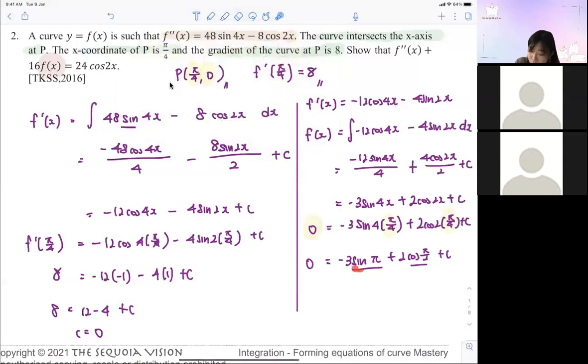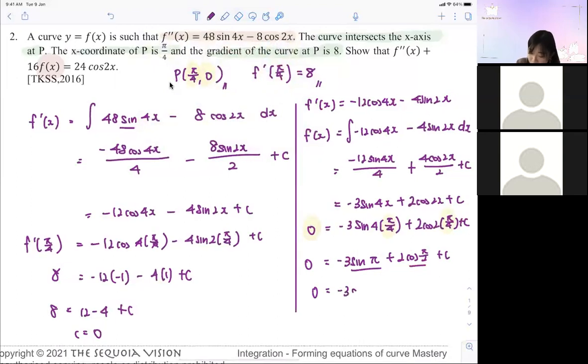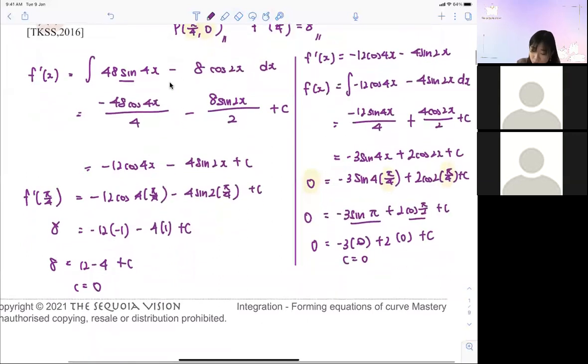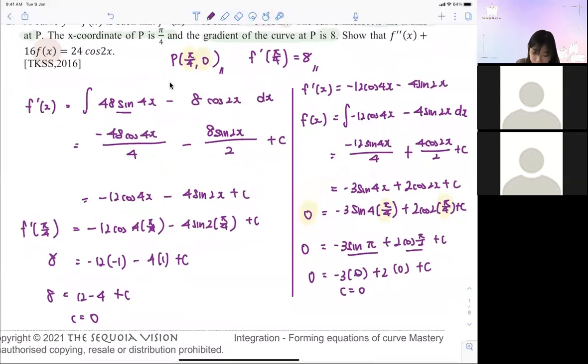Always just key in the trigo, only key the trigo in the calculator. Don't key in with the number. So sine pi is 0. Cosine pi over 2 is also 0. So C is 0. Again, C is 0.